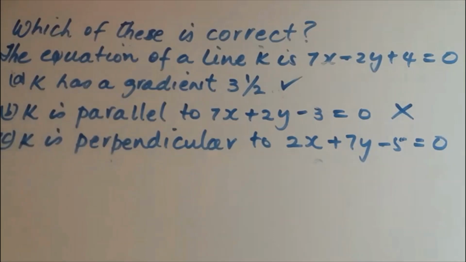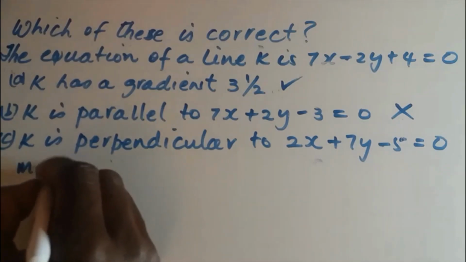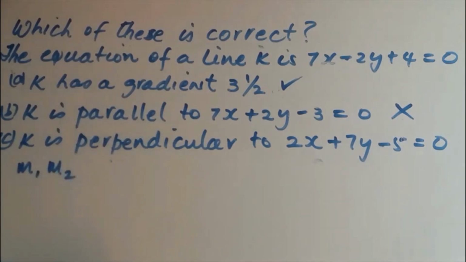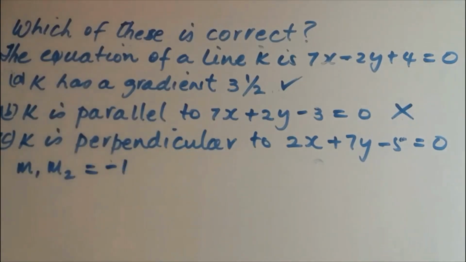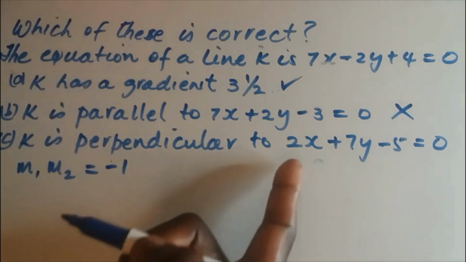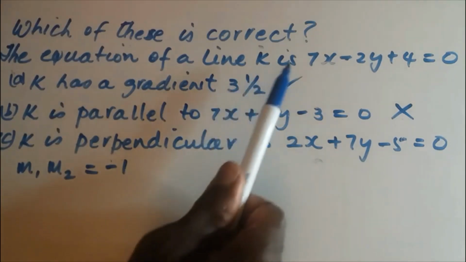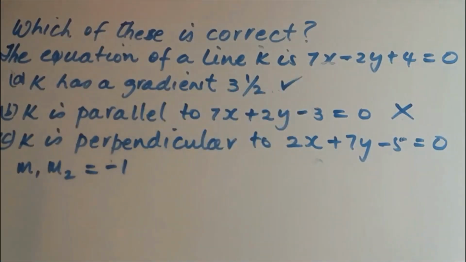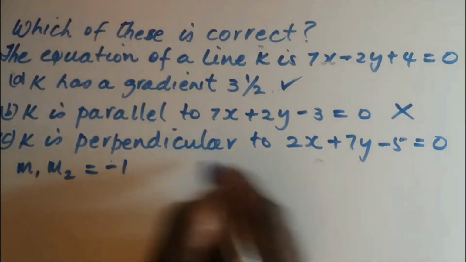And lastly, we have that k is perpendicular to 2x add 7y minus 5. The perpendicularity condition states that the product of the two gradients must be equal to -1. So we'll find the gradient of this, multiply it by the gradient of this line, which is 7/2 or 3.5. So let's find the gradient of this one.